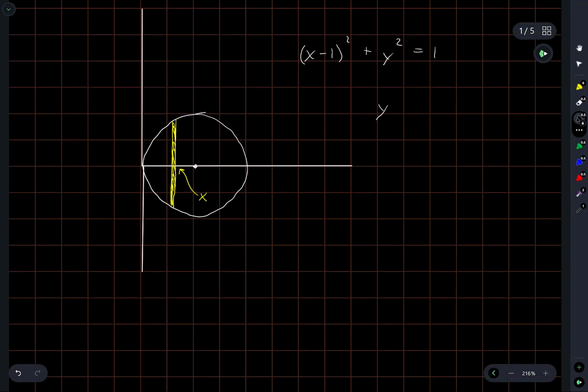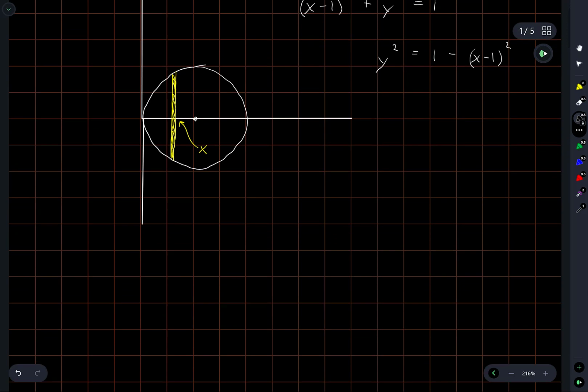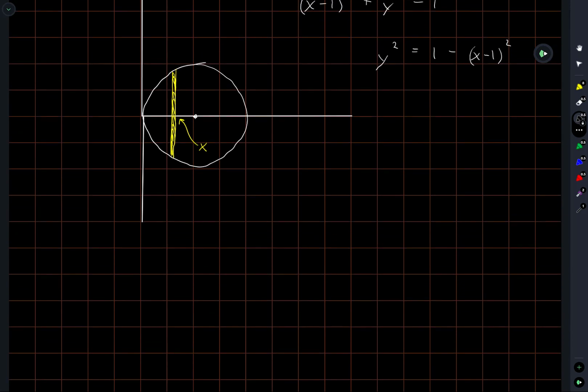It'll help to rewrite this as y squared is equal to 1 minus x minus 1 squared. Okay, so the height of this cylinder, or basically the length of this yellow bar, is going to be the square root of 1 minus x minus 1 squared, times 2.